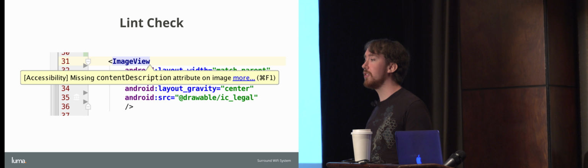Now, my goal in this talk is to show you how to make your own Lint checks. I built several for my projects, and I found that there's really 2 big use cases for writing your own Lint checks. The first is if you are a library or SDK developer, then bundling a Lint check with your library or SDK can be really helpful when a developer is trying to use it.